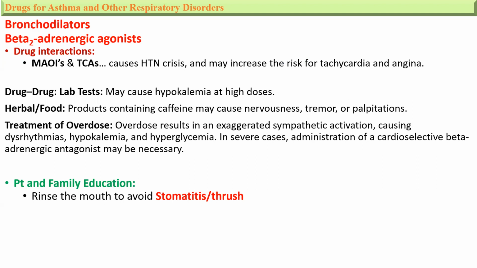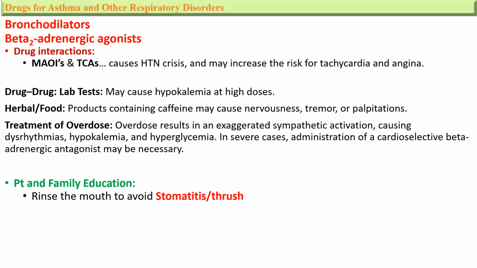The drug may interact with monoamine oxidase inhibitors or tricyclic antidepressants, and that can cause hypertensive crises and may increase the risk for tachycardia and angina. So it should be avoided within 14 days of beginning the bronchodilators.